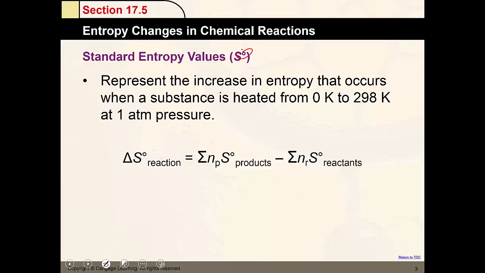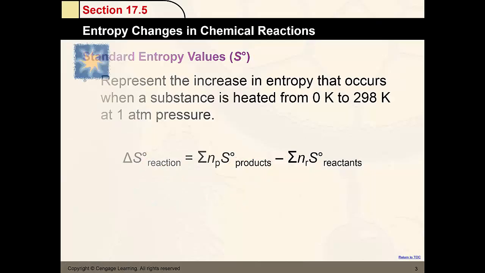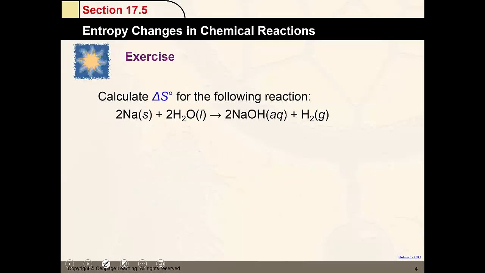Now, just like the equation for delta H, we can use the entropy of the products minus the entropy of the reactants to determine the overall change in entropy of a reaction. And just like all those values for delta H were in Appendix 4, the same values are there for delta S in Appendix 4, or they will be given to you in a problem like so.